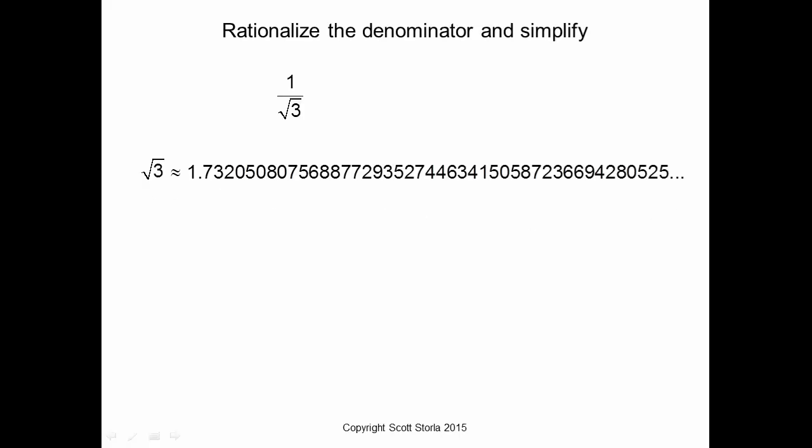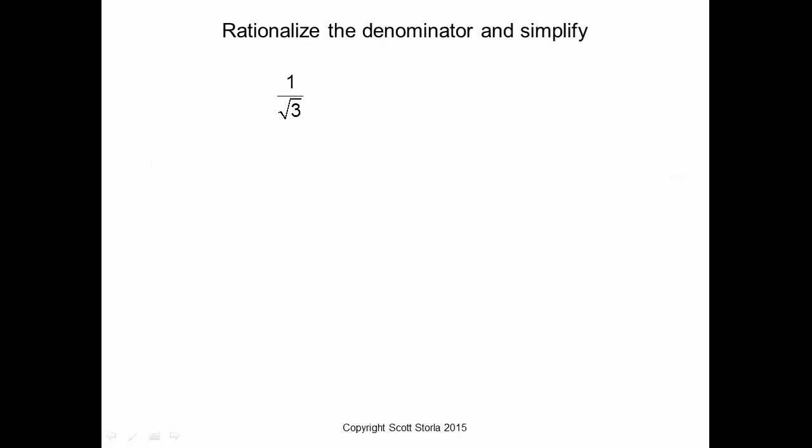There is no fraction that this value is exactly equal to. So when we rationalize the denominator, we change the value in the denominator to a rational number. But we have to do that in a way where the value of the entire fraction stays the same.